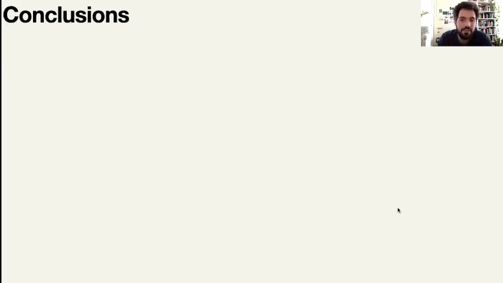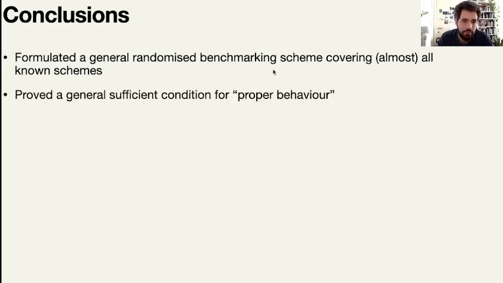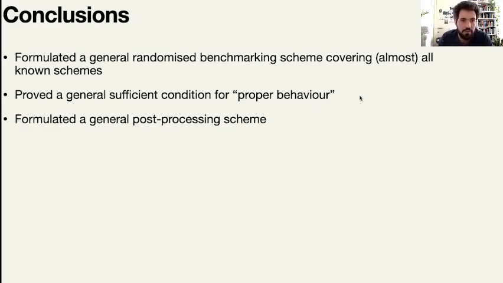All right, so those are the things, getting to the end of my talk. We formulated a general randomized benchmarking scheme, gathering up all possible randomized benchmarking protocols, or at least almost all. There's a few that don't quite fit, but there's a detailed formulation of this in the paper. And then we've proven a general sufficient condition for proper behavior, emphasizing this diamond norm distance.